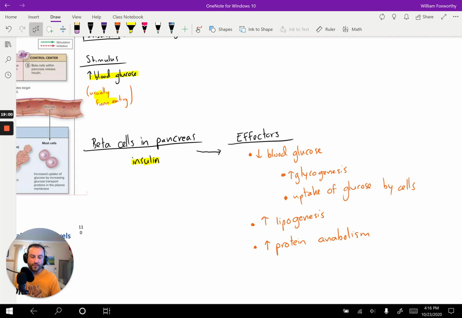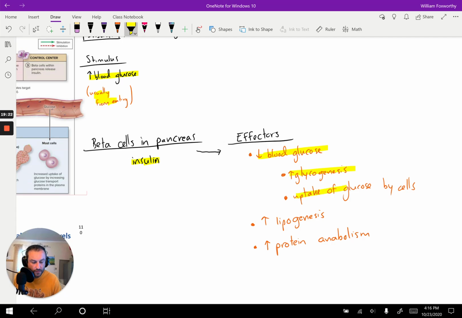So the overall effect of insulin is going to lower your blood glucose, and it's doing this by promoting or increasing glycogenesis. Again, you're taking glucose and building it up into the storage form, which is glycogen. So you're removing glucose from the blood into the storage form, which is glycogen.